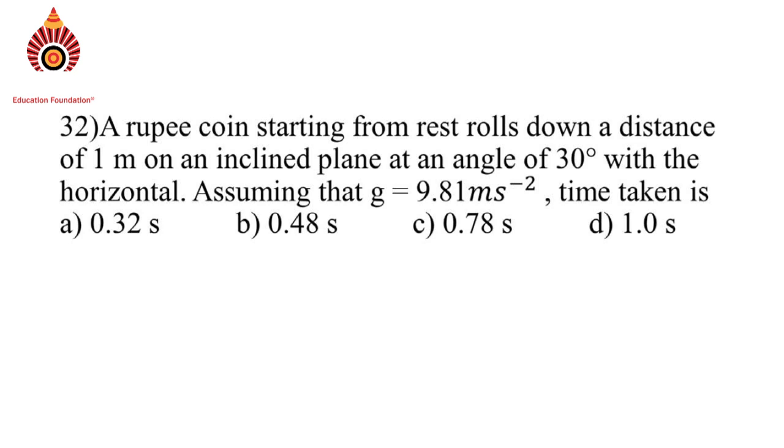If I consider 9.81 as 10, it is 6 by 10, the root of 0.6. The answer closest to this is 0.78. It takes a time of 0.78 second. Option C is the correct answer here.